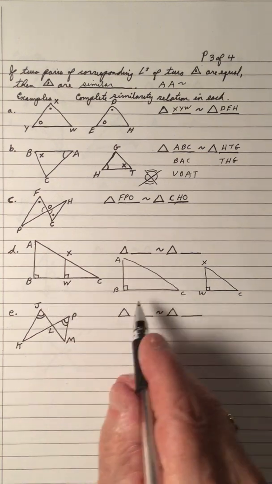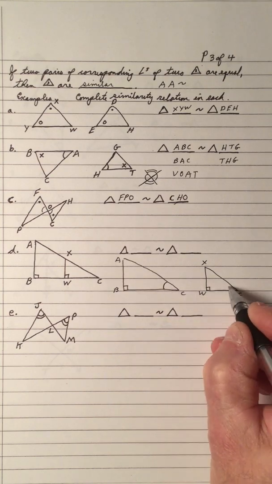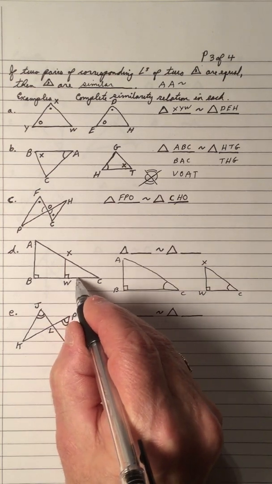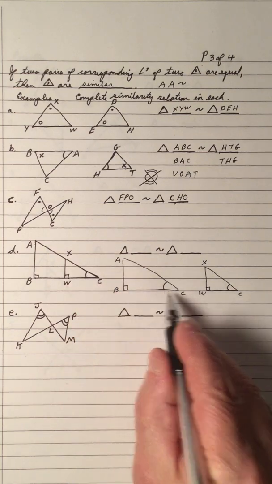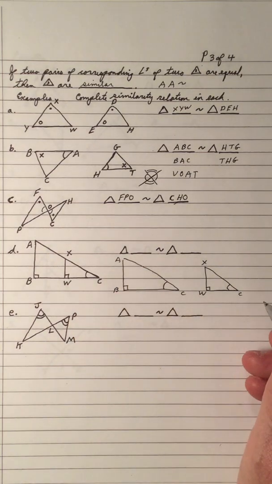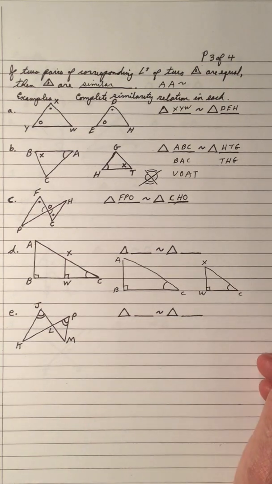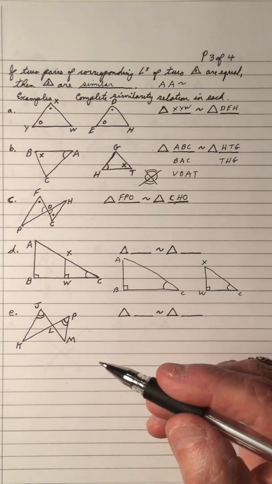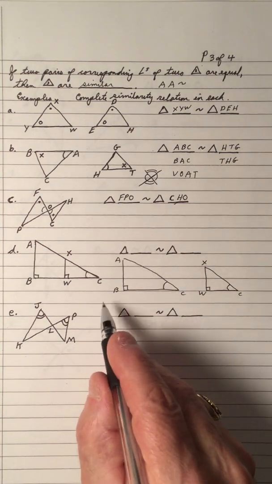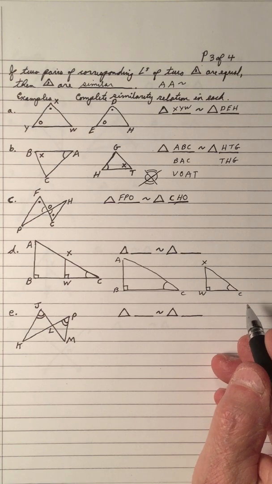Notice when I separate them, you can see that this angle at C is in both triangles. So that's what we call a common angle. If an angle is in both triangles, that angle must be equal to itself. In proofs, we say this angle C is equal to angle C by a common angle to the triangles.